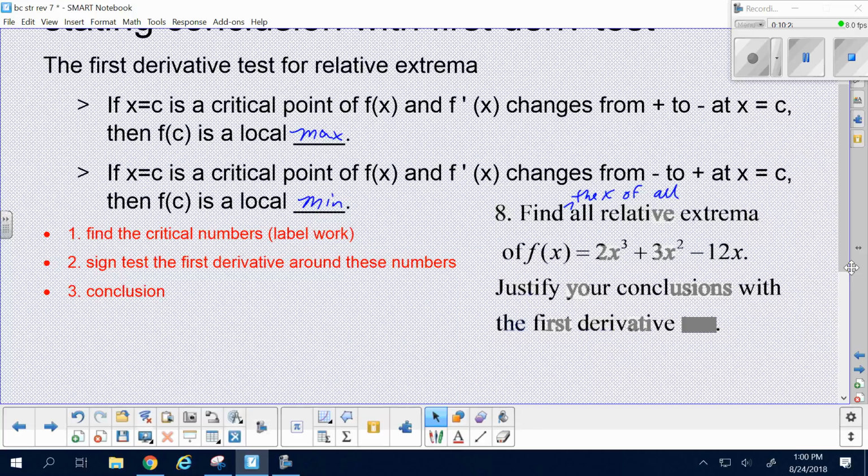Obviously, you should have a clue what the shape of this graph looks like, so you kind of know the lesser x will be a max and the greater x will be a min.